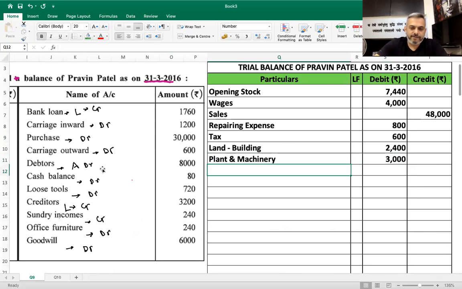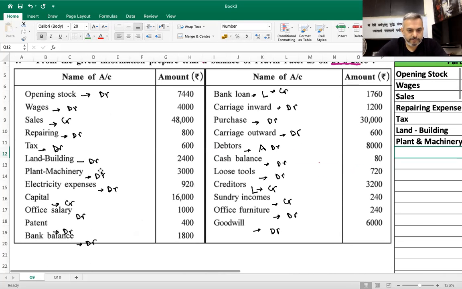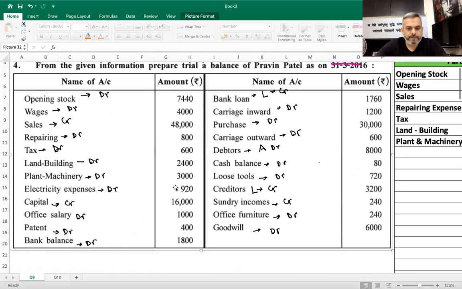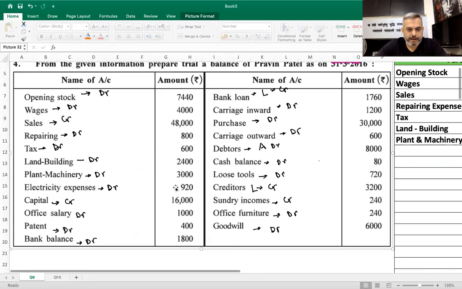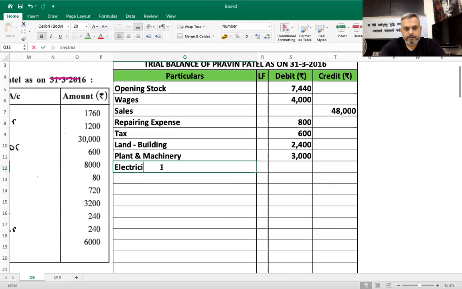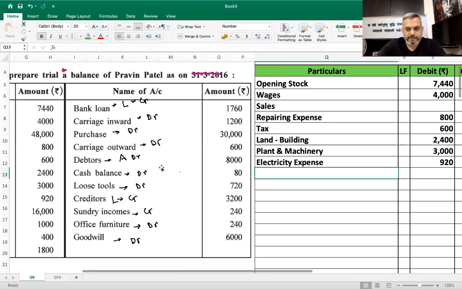These are all balances of accounts, okay? So asset account will have a debit balance, expenses, electricity expense 920, capital 16,000.